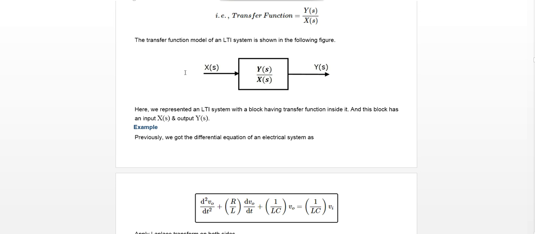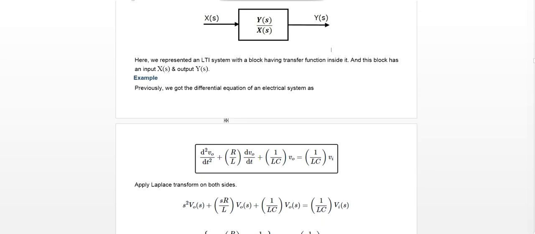So X of s, which is the input, and the output divided by the input will be the value of your system.